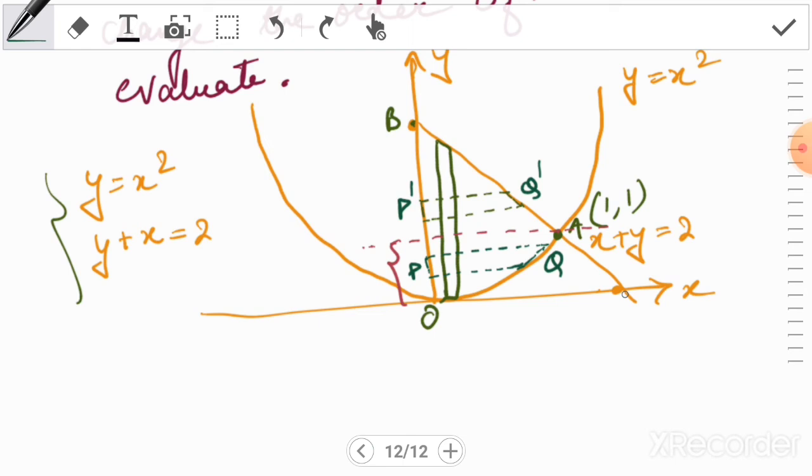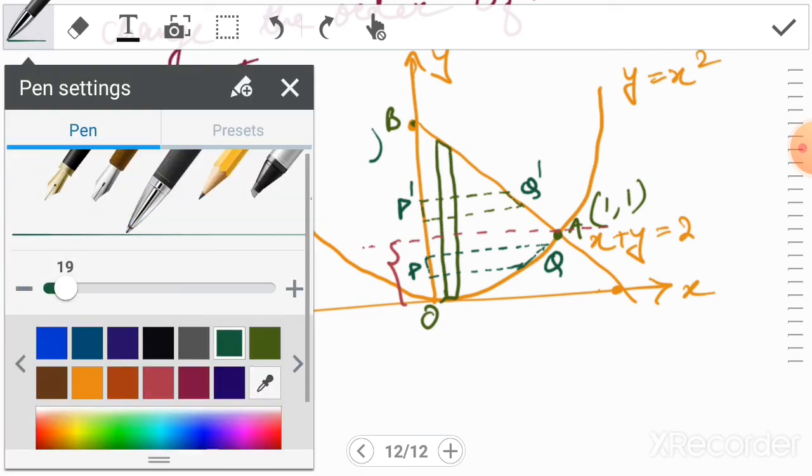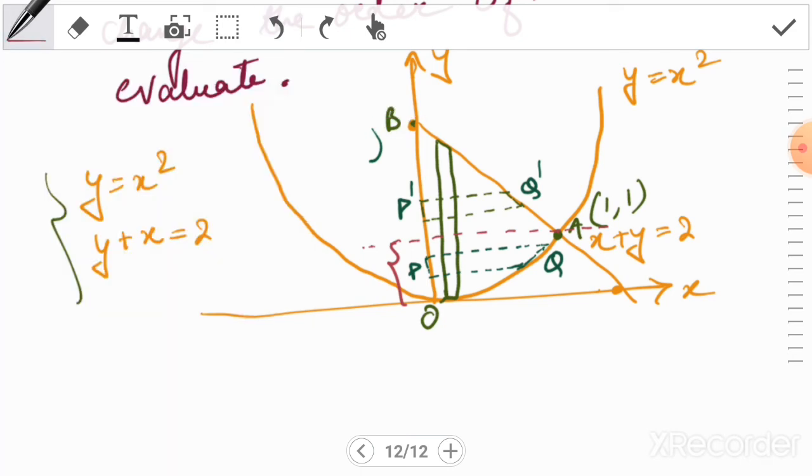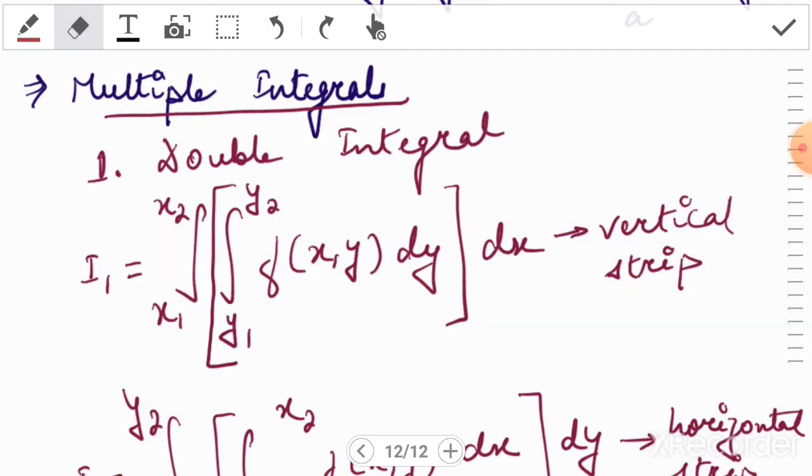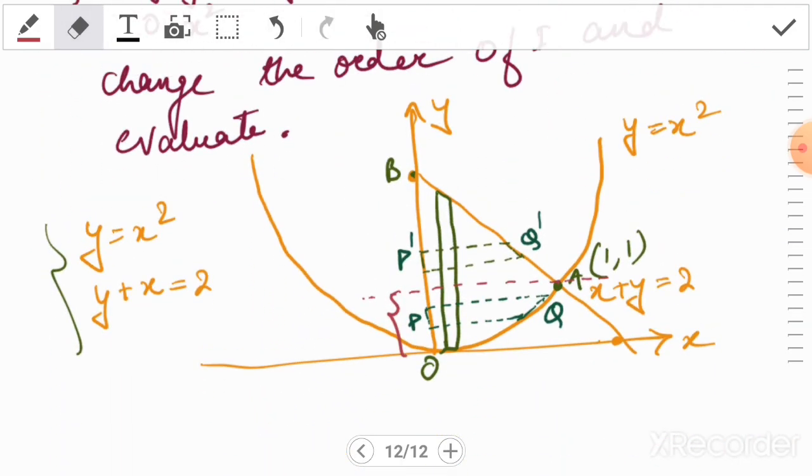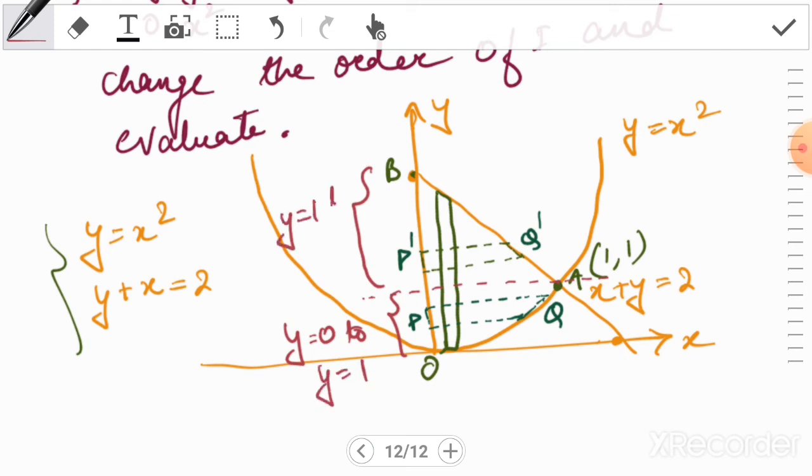So this requires splitting this region into two parts. In the first region y is varying from 0 to 1, and for the second region y is varying from 1 to 2.